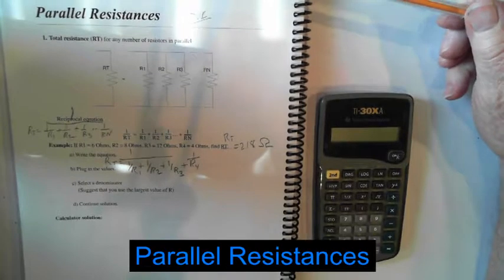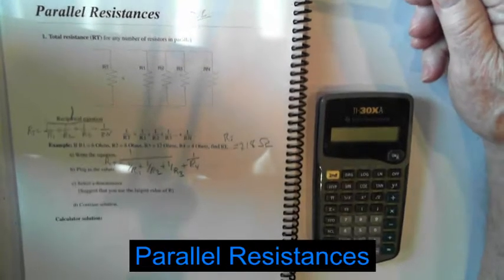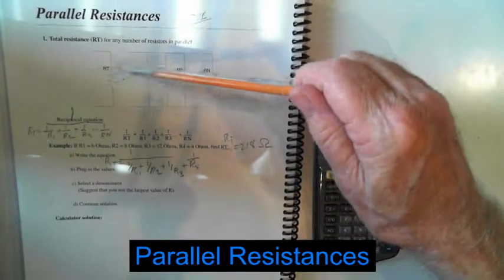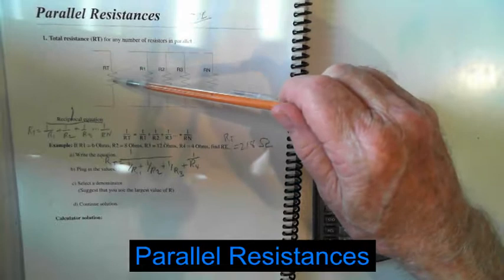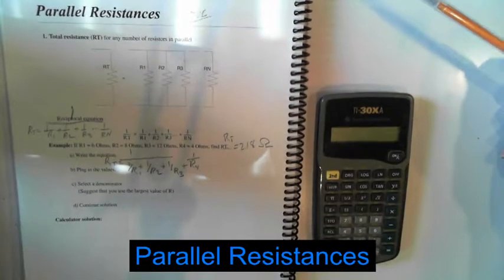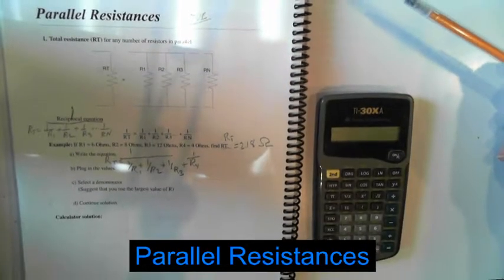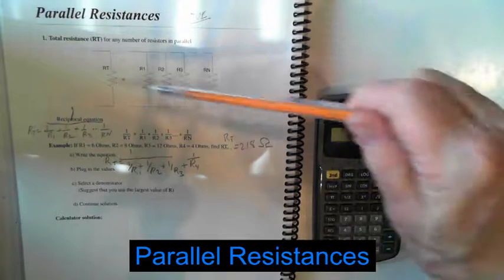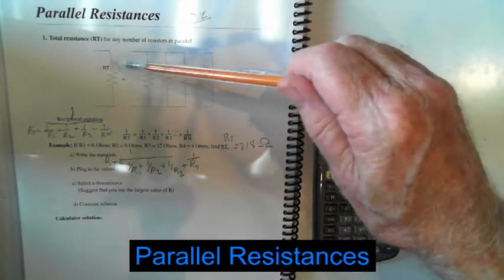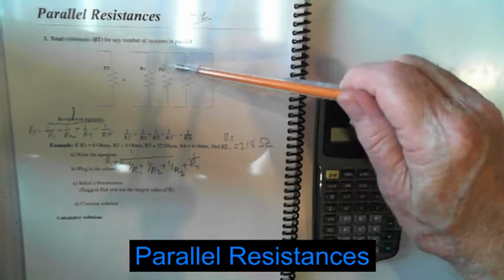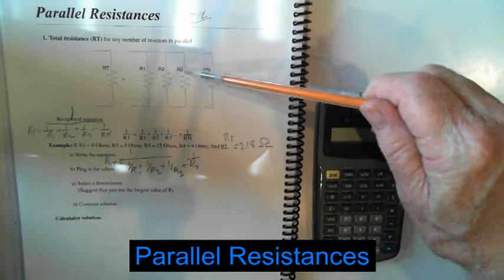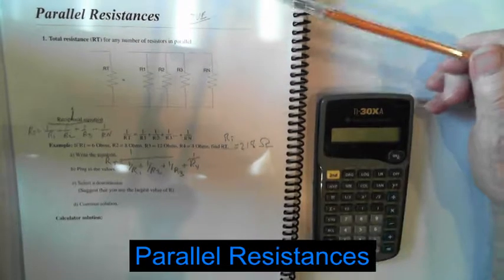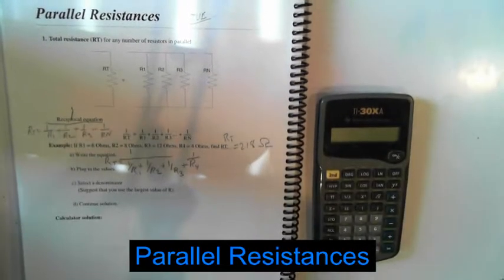I'm on page 18. And I want to talk about the total resistance. Notice here that they have a resistor drawn that symbolizes total resistance. And they say that the total resistance here equals R1, R2, R3, and out to the nth resistor. Now what do we mean by the nth resistor?